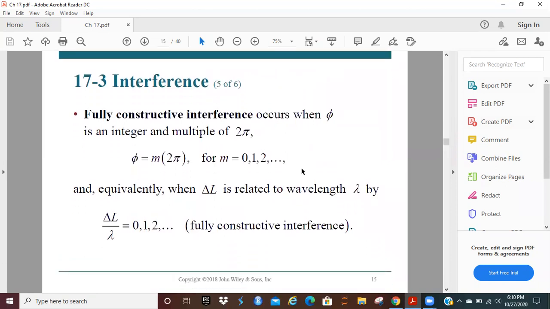Fully constructive interference occurs when phi is an integer multiple of 2 pi, and equivalently when delta L is related to the wavelength by whole numbers. This is going to be fully constructive interference.